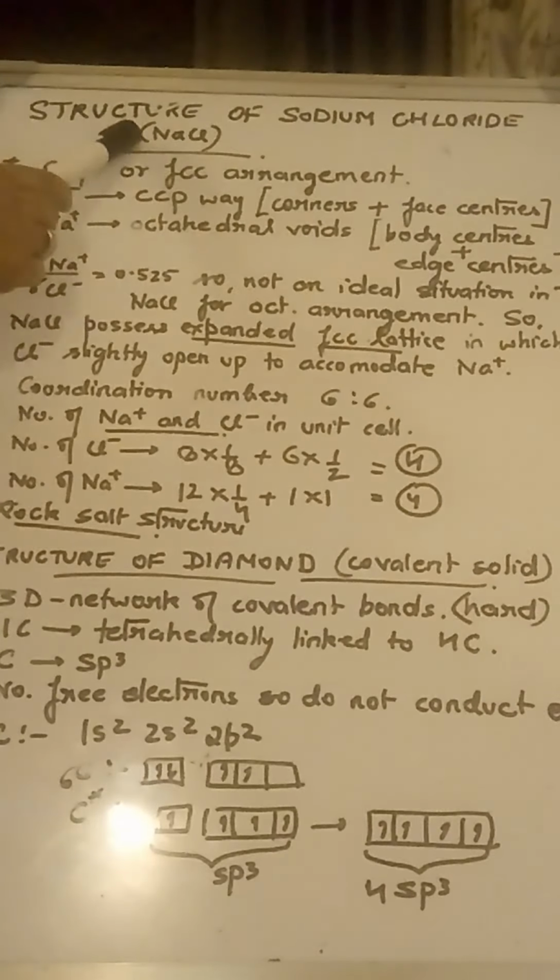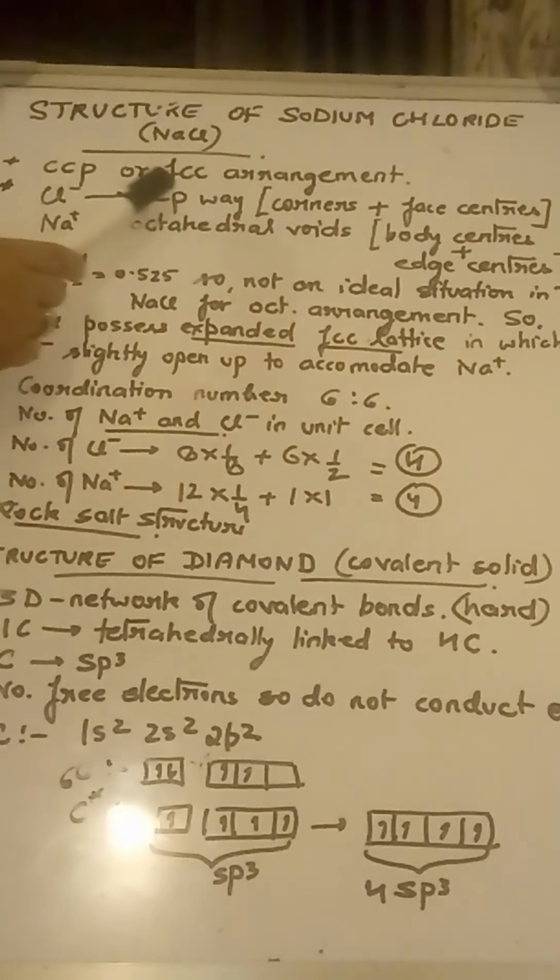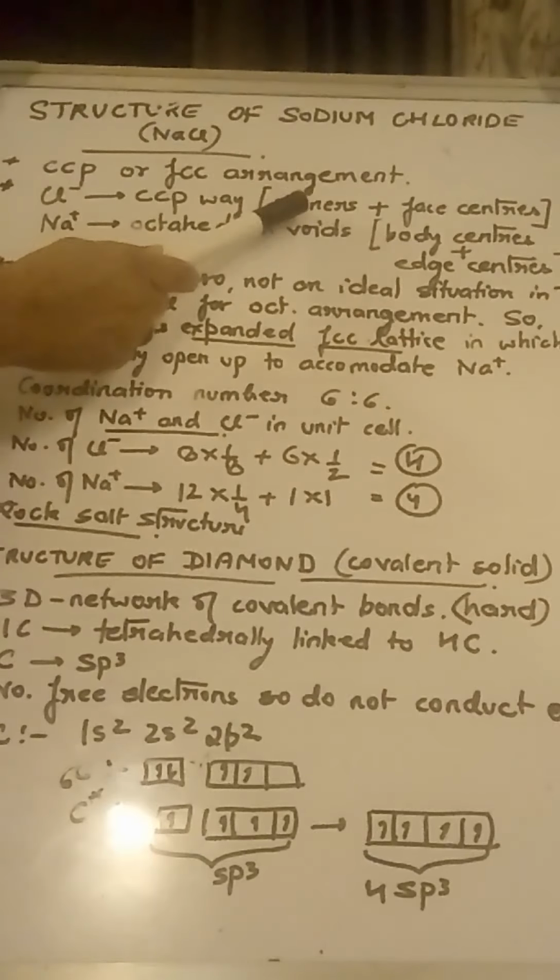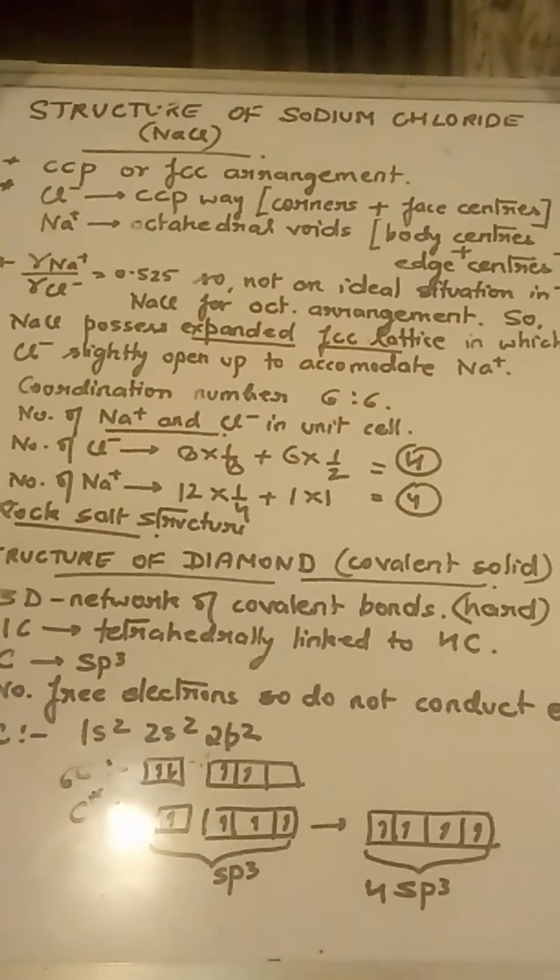Out of Na and Cl ions, it is the chloride ions which arrange themselves in CCP way. We have studied earlier that out of the cation and anion, it is the anions that arrange themselves in a particular way, HCP or CCP. So here chloride ions arrange themselves in CCP way, and they come at the corners and at the face centers.